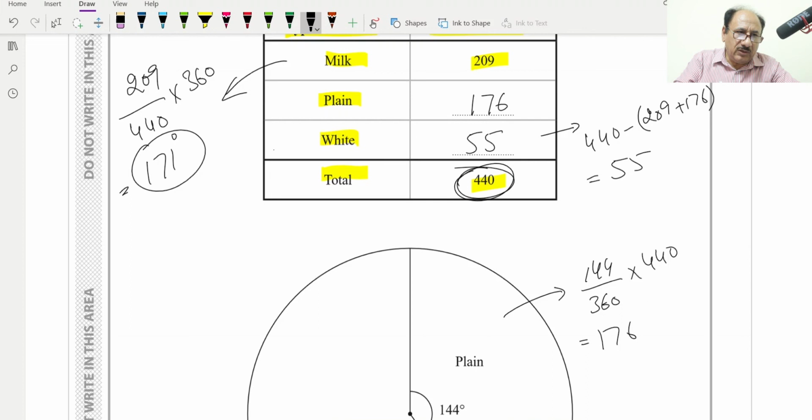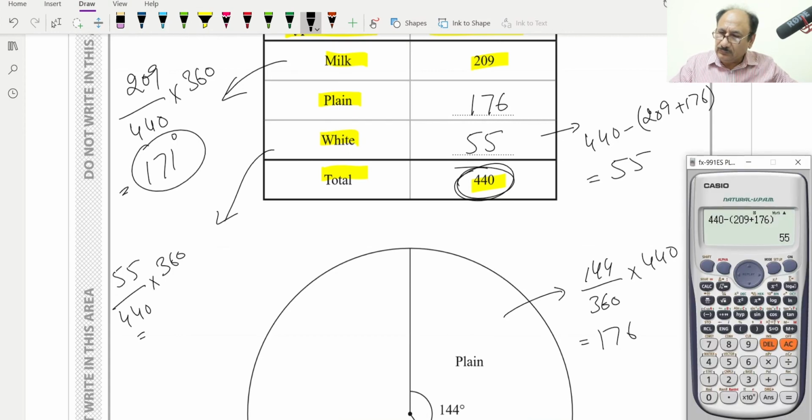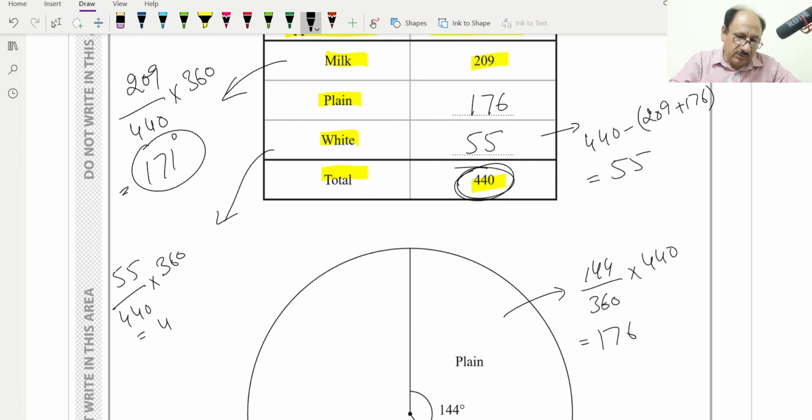For white it will be 55 over 440 into 360, and we can calculate this. This will be 55 over 440, multiplied by 360, and this is equal to 45. So 45 degrees will be this one, which is white.